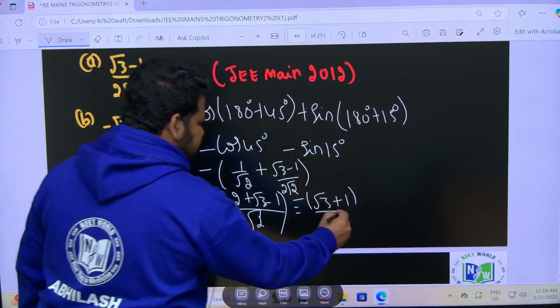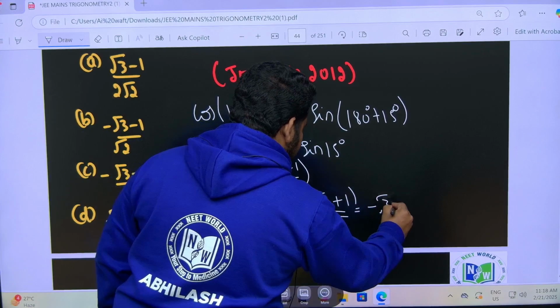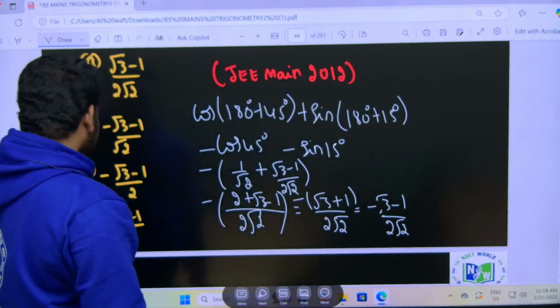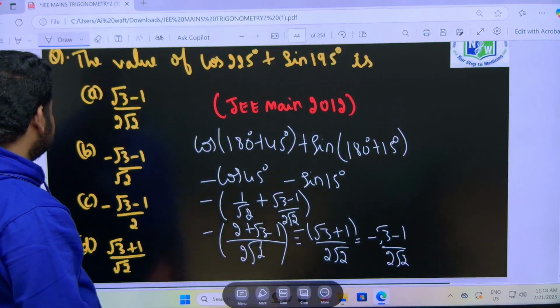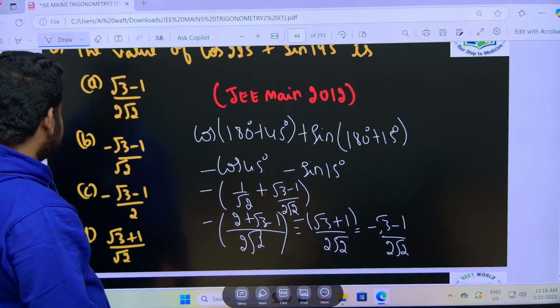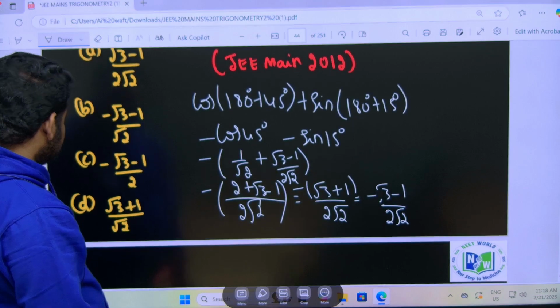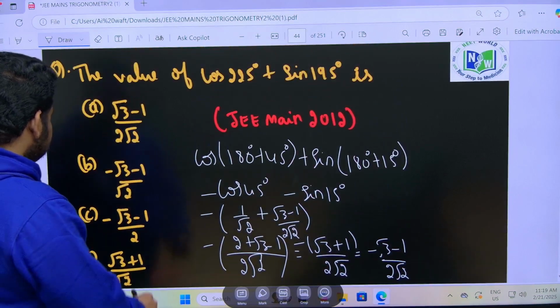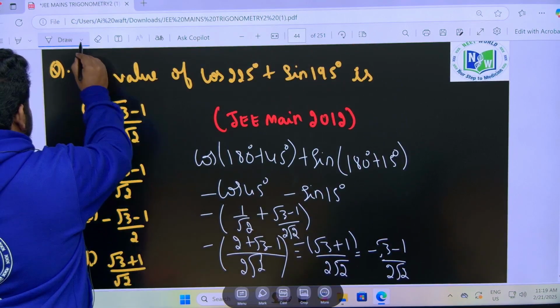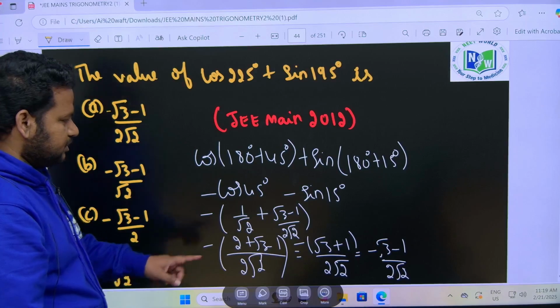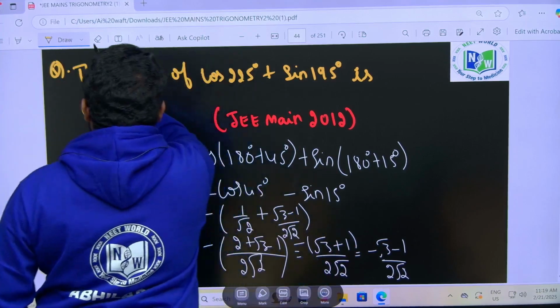So this will be minus root 3 plus 1 by 2 root 2. Where is 2 root 2? Root 2 is here, and here we should have minus 1. There's some mistake in the option, this should actually be minus 1, otherwise you won't get this, minus root 3 minus 1. Okay.